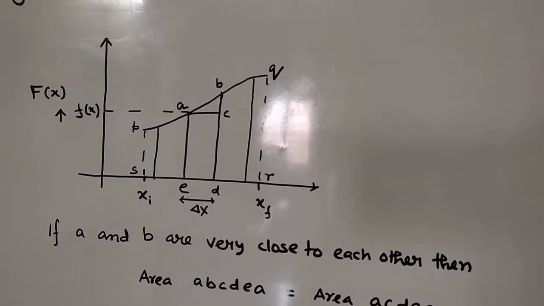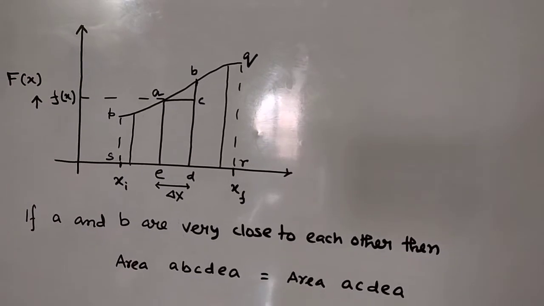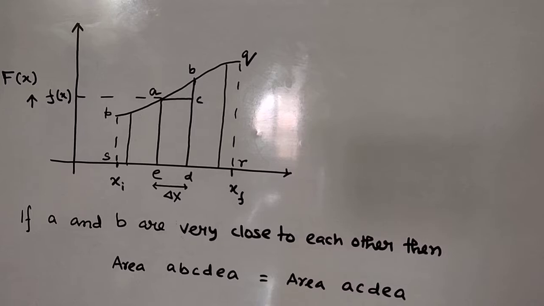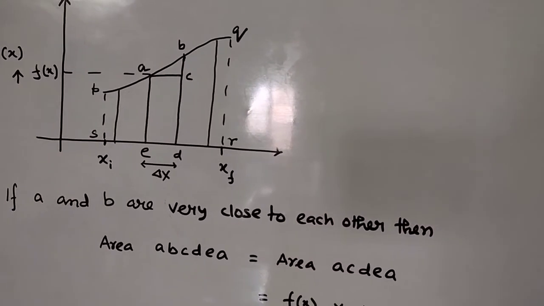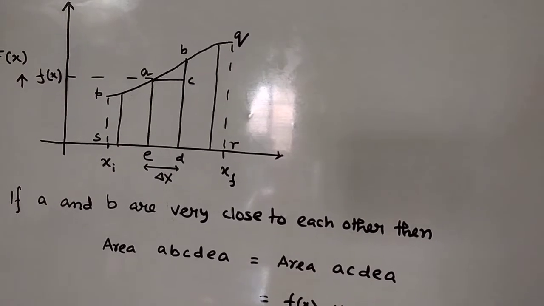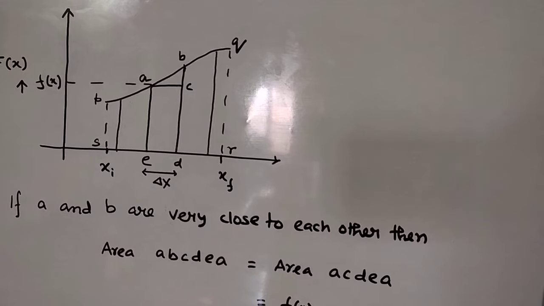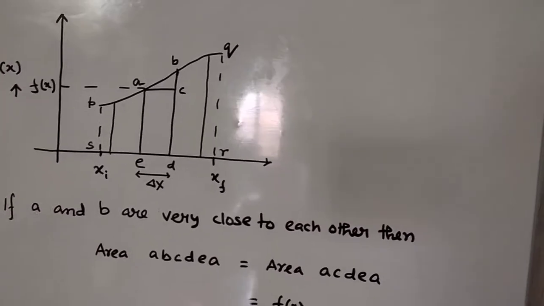So here we have written, if A and B are very close to each other, then area ABCDEA is nothing but the area ACDEA. So what happened? Basically that triangular region disappeared if we consider A and B very close to each other.